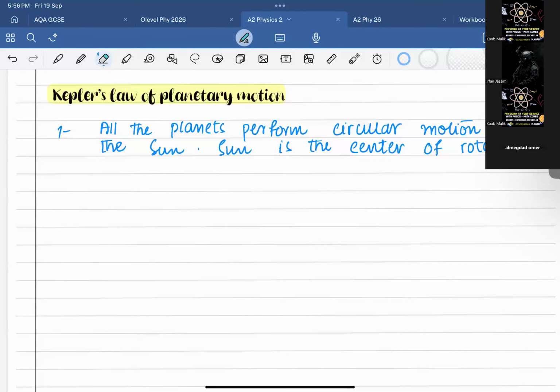Now, the second rule is quite difficult and it's not a part of the syllabus.